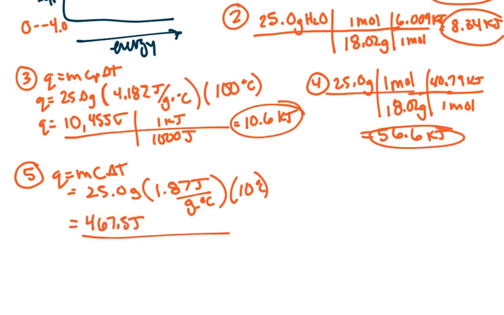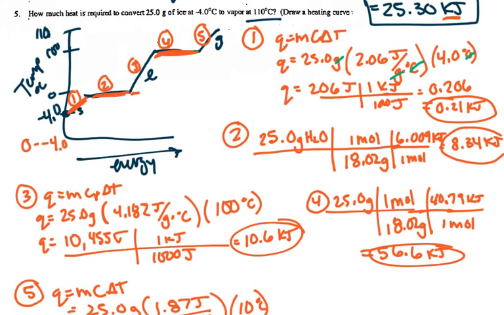467.5 joules, but we need to convert that to kilojoules. So that's 0.468, right? Because I need 2 sig figs. Oh, wait a second. I have different sig figs on this one. So the reason the sig figs are different on this one, just in case you're confused, is because that 110 was actually a number we were given, right?